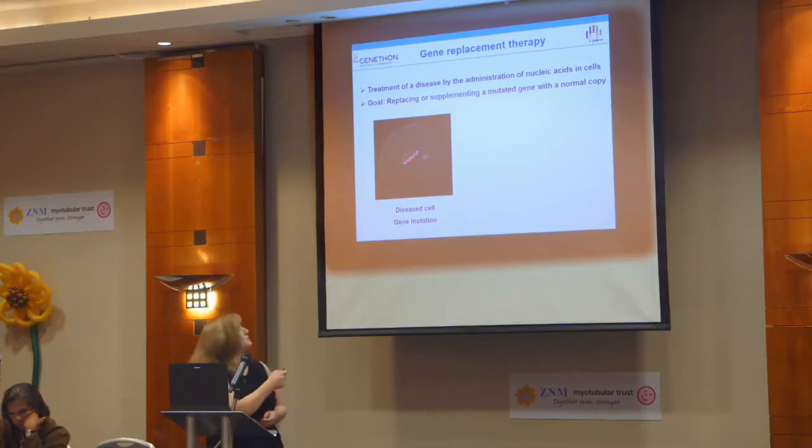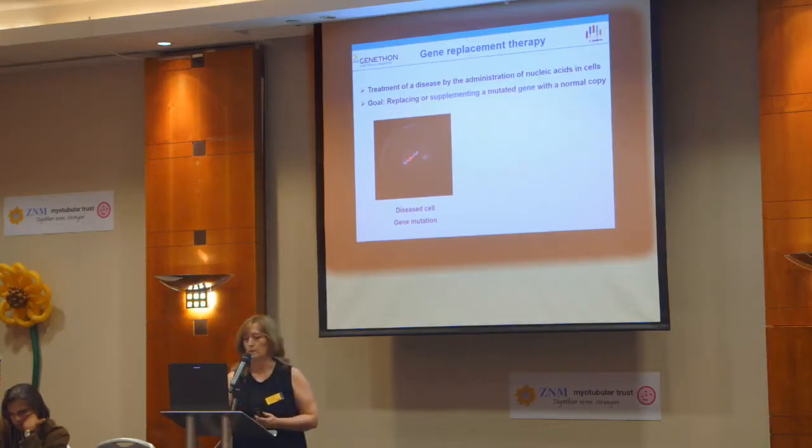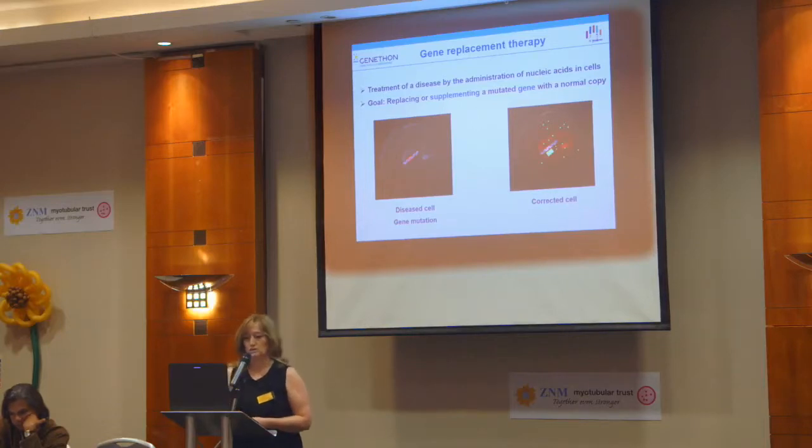So here you have a diseased cell carrying a mutation, a change in one of the letters of one of the genes of the cell, here in red. The goal of gene therapy is then to replace or to supplement the mutated gene by a normal copy of the gene.